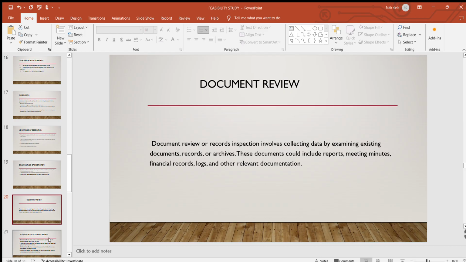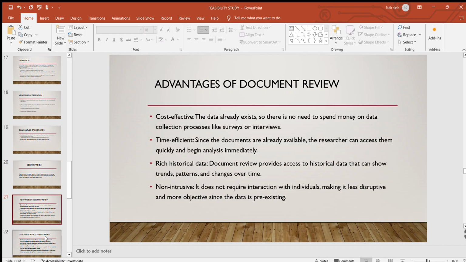These documents could include reports, meeting minutes, financial records, logs, logbooks and other relevant documentation.